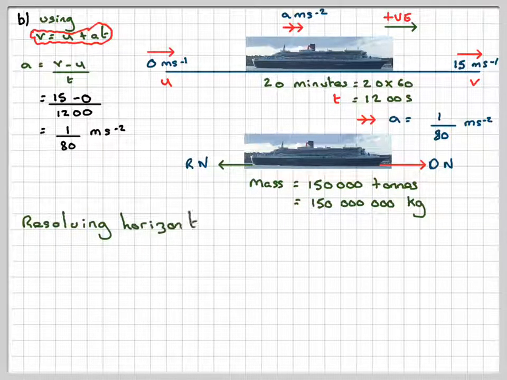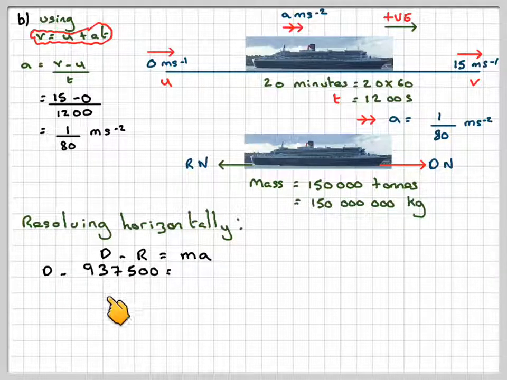The mass is still the same, 150 million kilograms. So resolving horizontally again, we're going to have D minus R is equal to ma. D we've got to find, and we've got that resistance force that we just calculated to be 937,500.